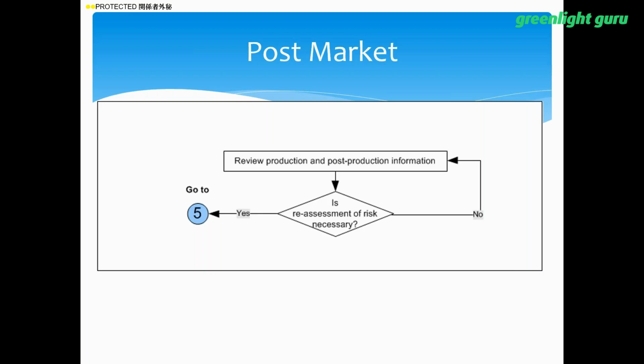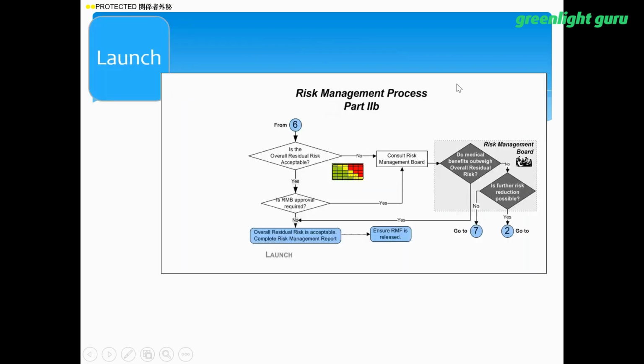In that discussion and deliberation with the risk management board, it goes through that cycle that I just talked about over here, where the risk management board will need to look at what has occurred. Do the medical benefits continue to outweigh that risk?